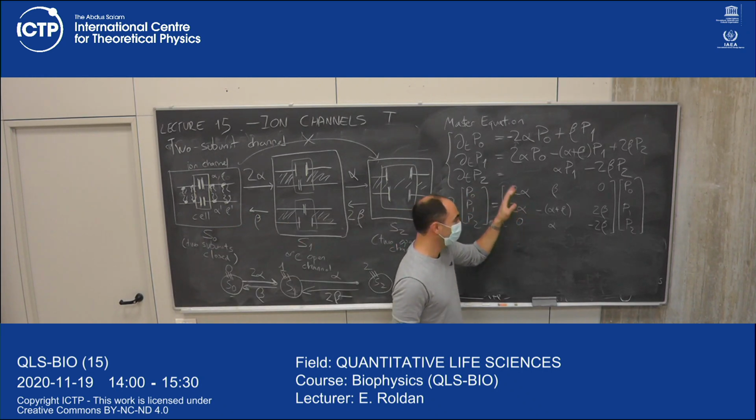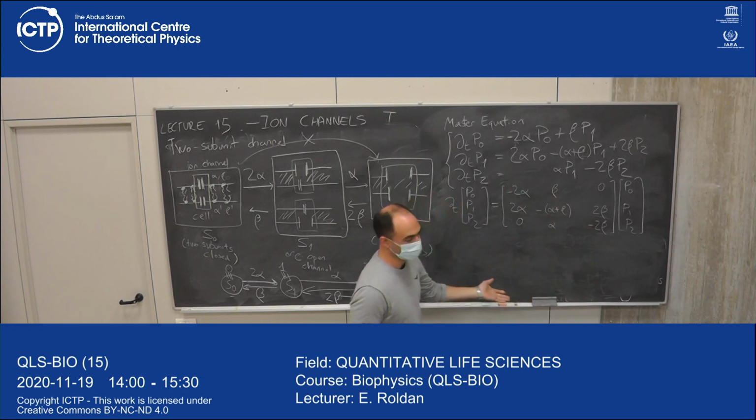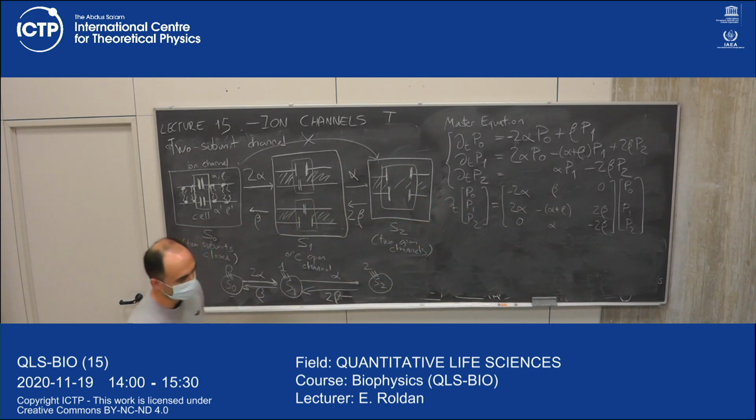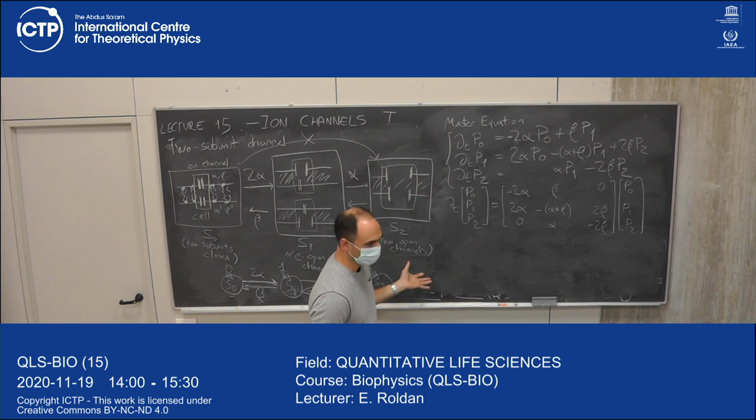Remember, we are in continuous time, so the sum of the column is 0. All the columns, okay? That's for conservation of probability, as I explained to you. Alright, so as you know, you could get from here the eigenvalues, and from this you will get a solution of the problem. It's as simple as this. Well, simple. You have to get the eigenvalues of this matrix.